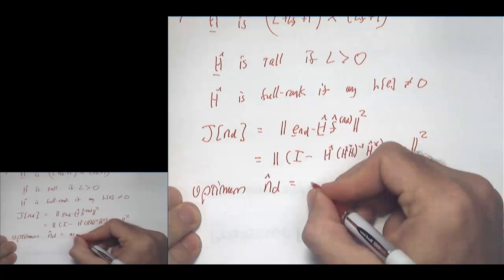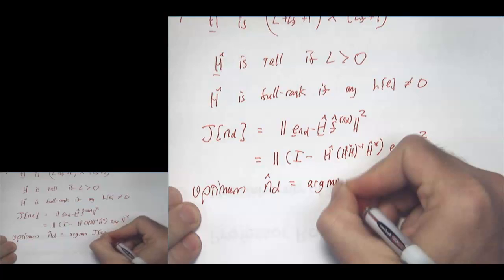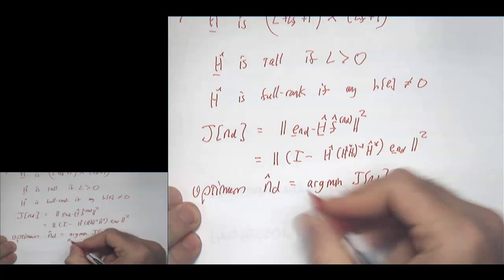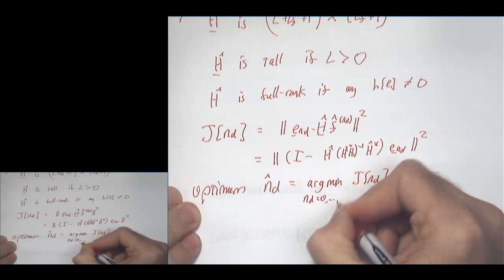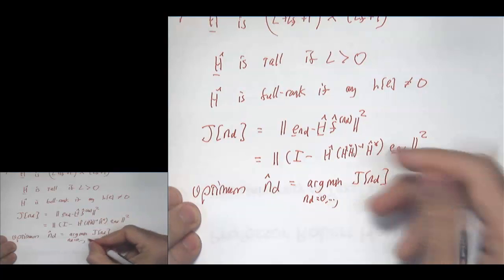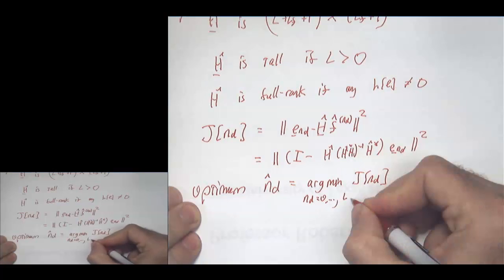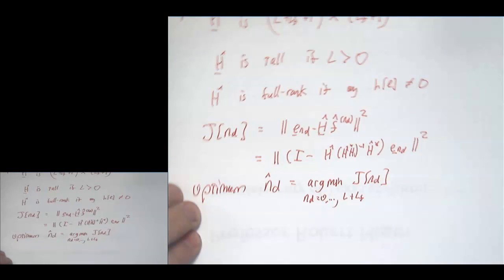It's equal to the arg min of J of nd here, searching for nd equal to 0 through. It's not infinity, because you can have at maximum a delay at the end here. So it'd be 0 to L plus LF here. You can find the minimum here.